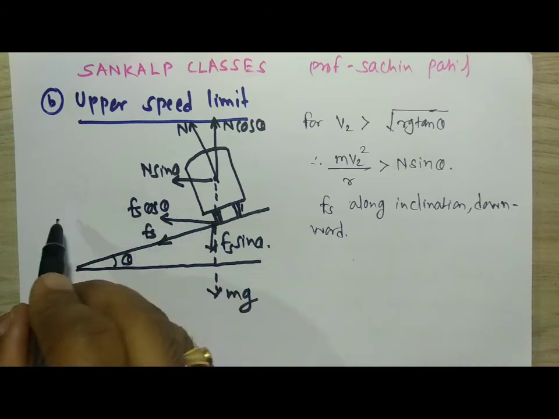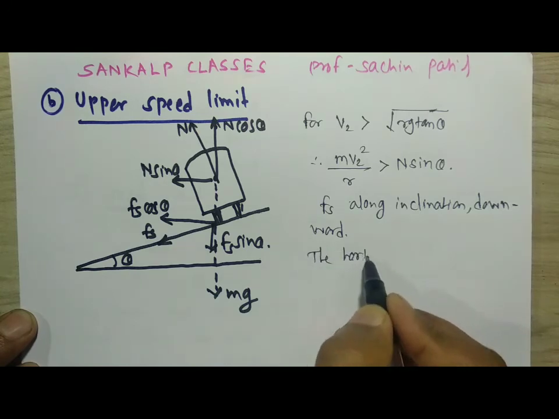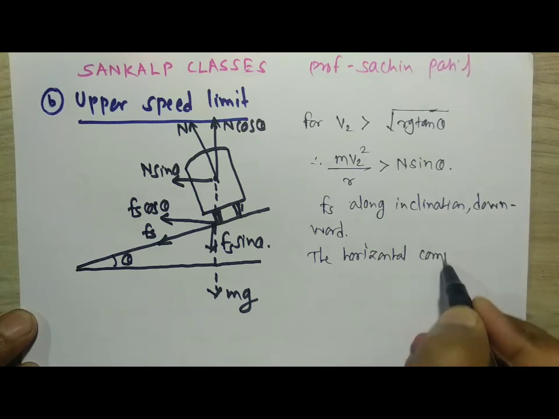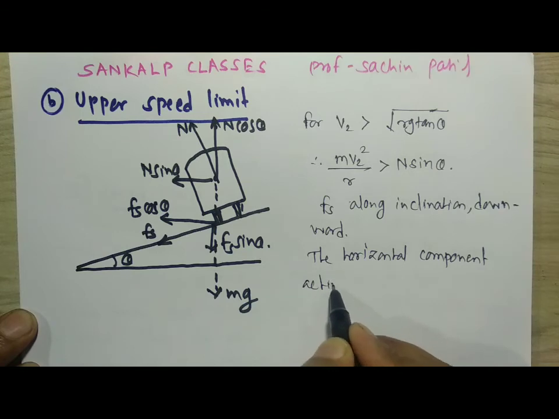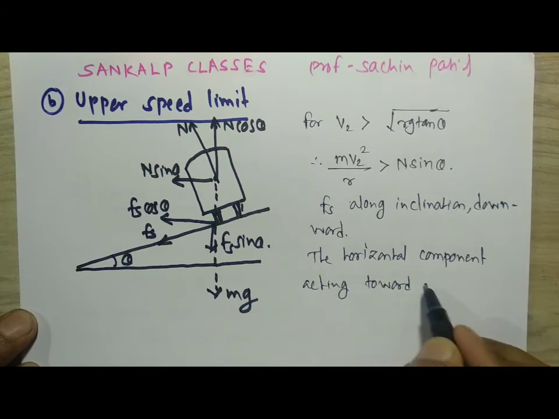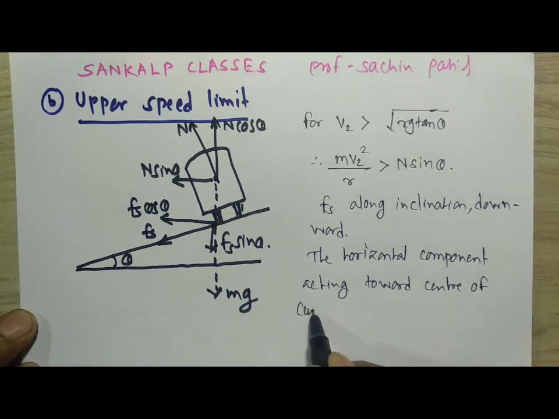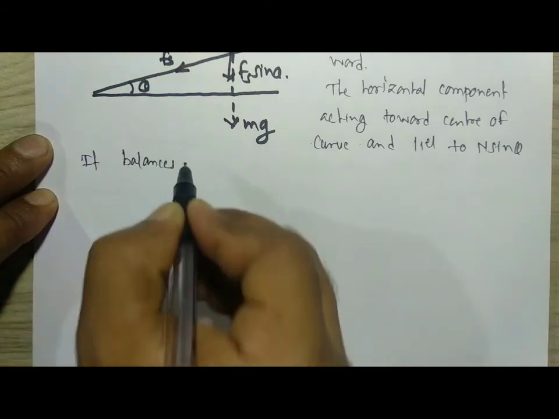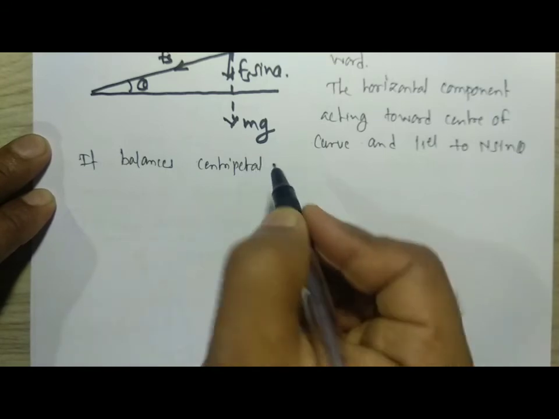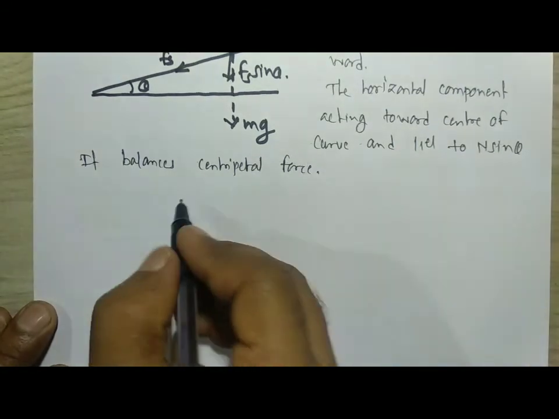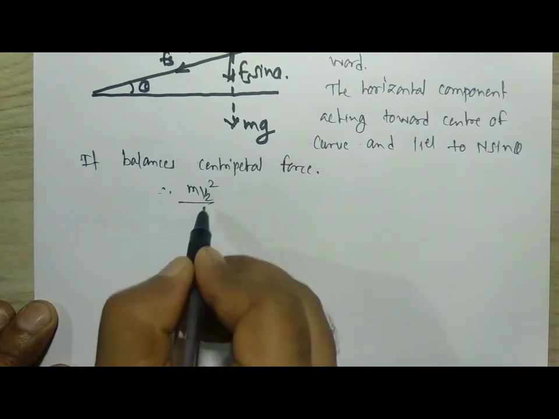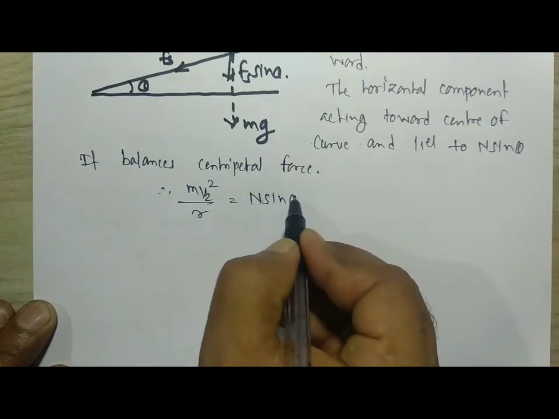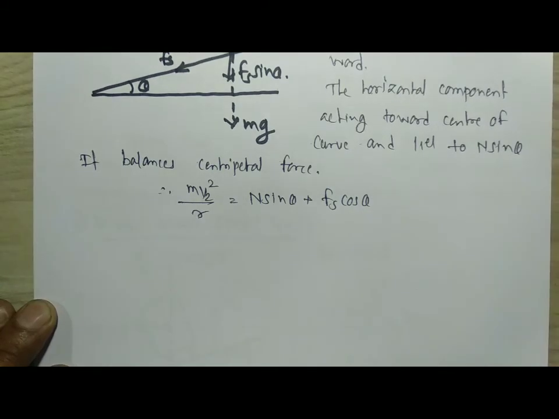One is a horizontal component, which is acting towards the center of the curve and parallel to n sin theta, and therefore it balances the centripetal force, and therefore you will get mv2 square divided by r is equal to n sin theta plus fs cos theta.